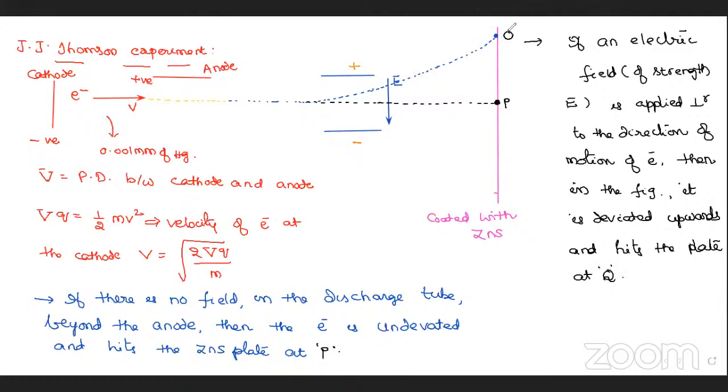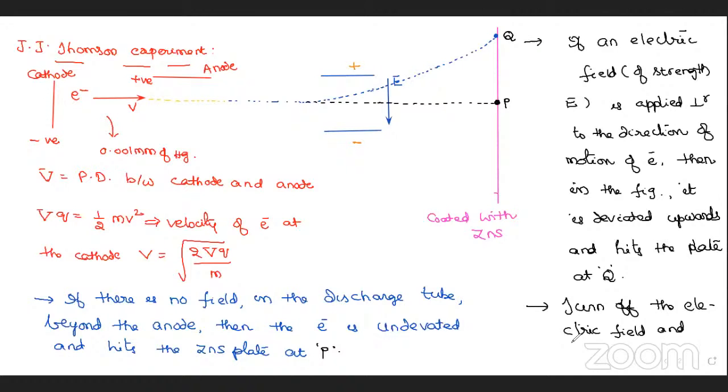Okay, this is point Q now. Right? Now what I am doing: turn off the electric field. The electron will move with very high speed, comparable to the speed of light.